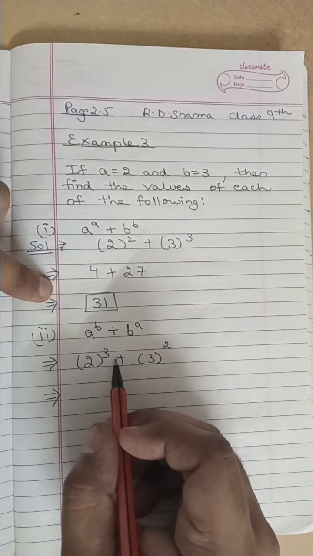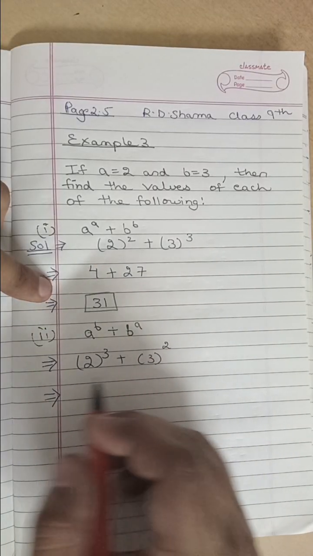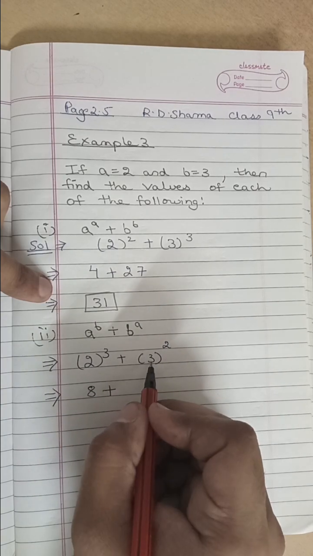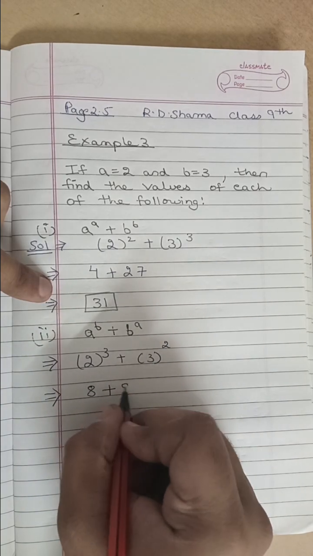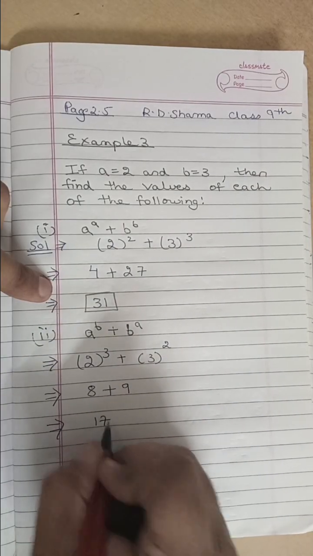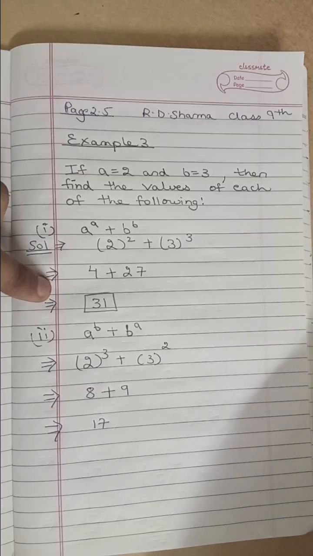So 2 raised to power 3 plus 3 raised to power 2. 2 raised to power 3 is 8, 3 raised to power 2 is 9. 8 plus 9 comes out to be 17.